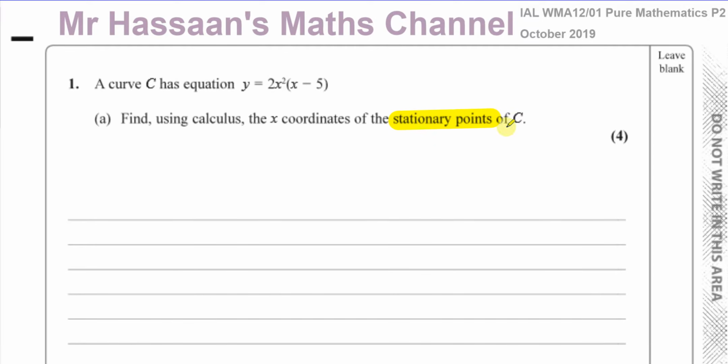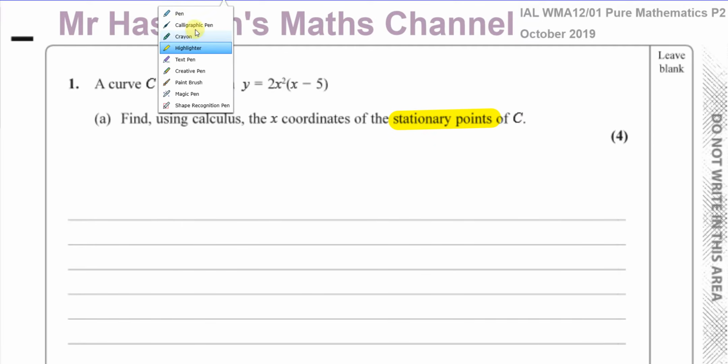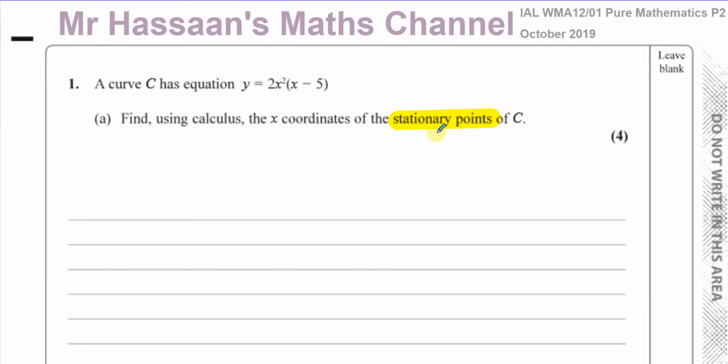A stationary point is basically a point at which the curve stops decreasing and starts to increase, or stops increasing and starts to decrease.